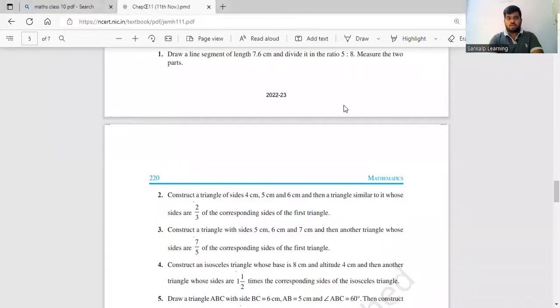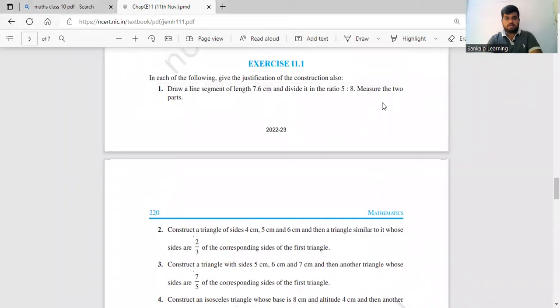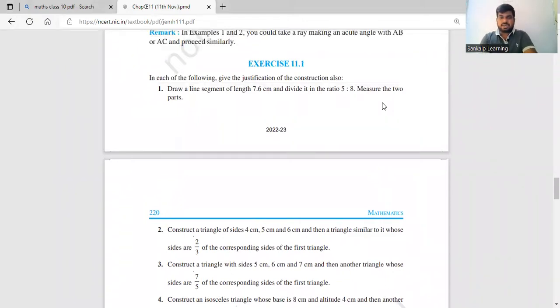So let's directly get into the chapter. The first exercise: draw a line segment of length 7.6 centimeter and divide it in the ratio 5:8. Measure the two parts.